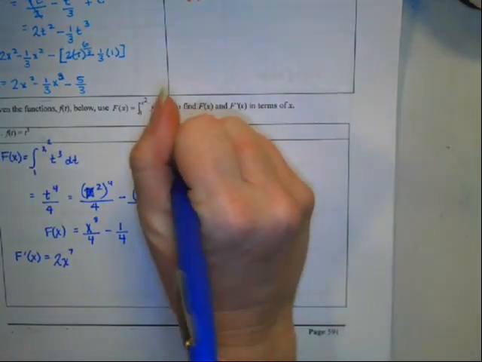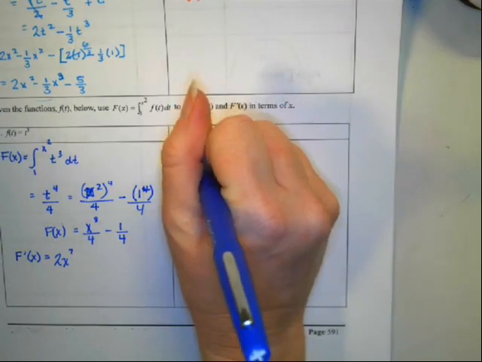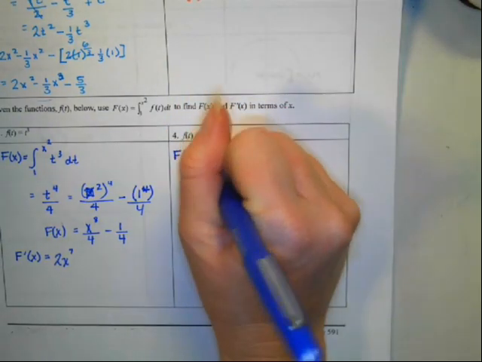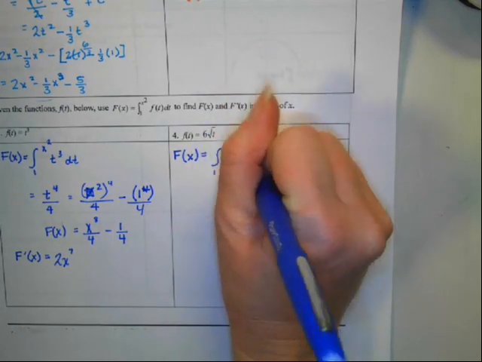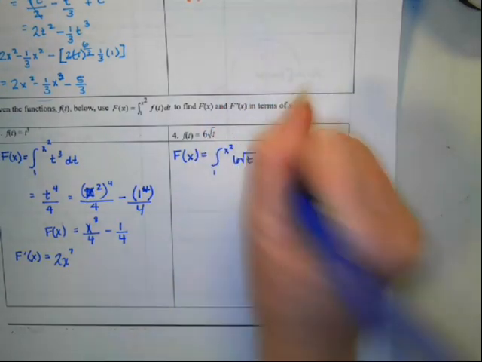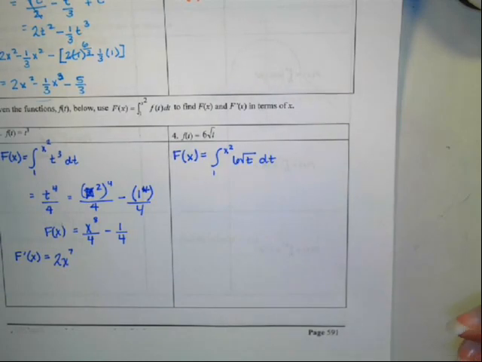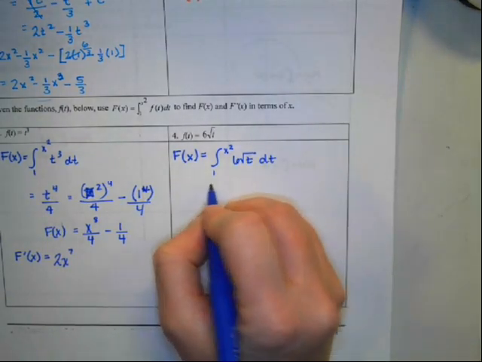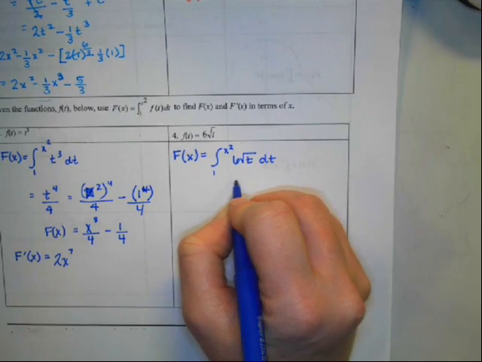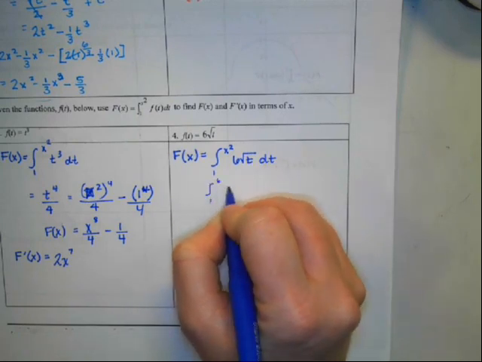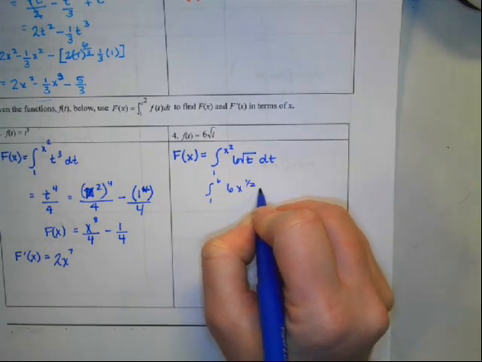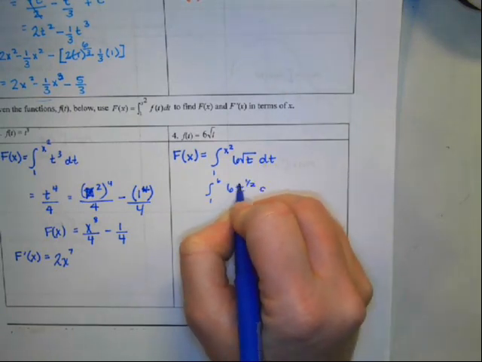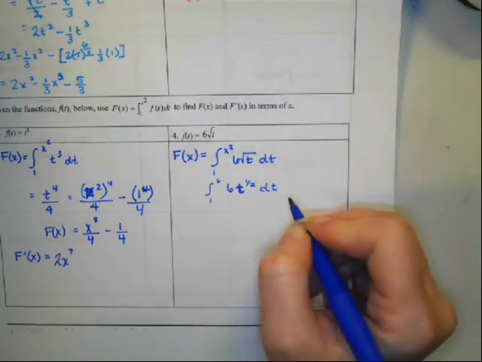So let's see what happens with this one. F of x, the integral from 1 to x squared of 6 root t. So I'm going to rewrite that as 6t to the 1/2 power, I haven't taken the antiderivative yet.